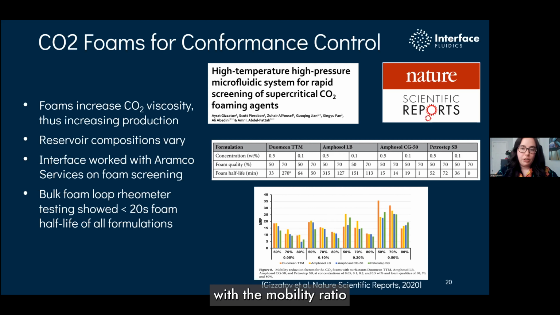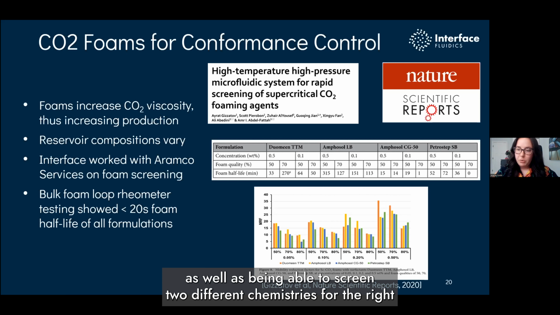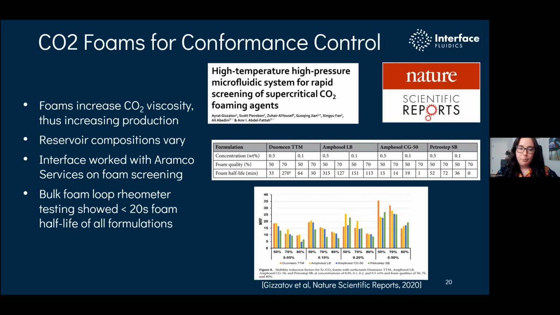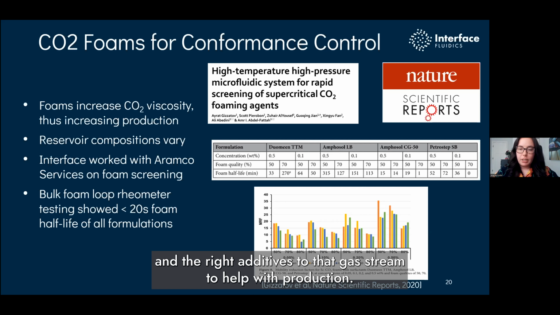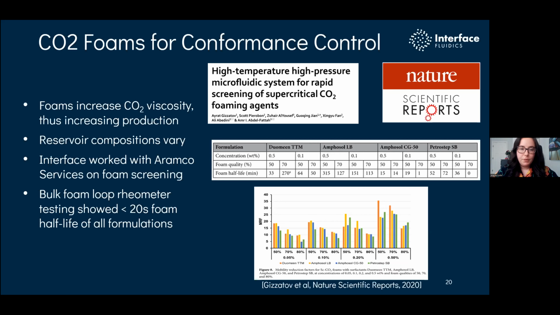As reservoir compositions vary, it's important to understand how foams propagate through porous media, as well as being able to screen through different chemistries for the right surfactant and the right additives to that gas stream to help with production.